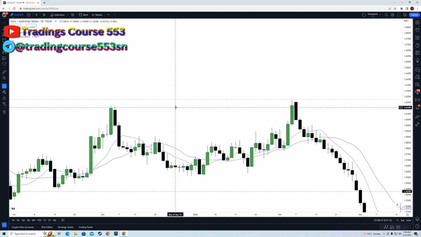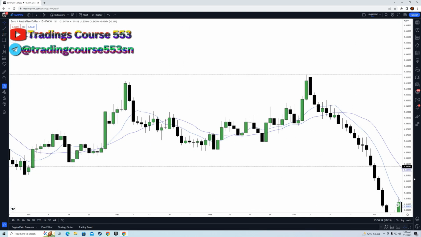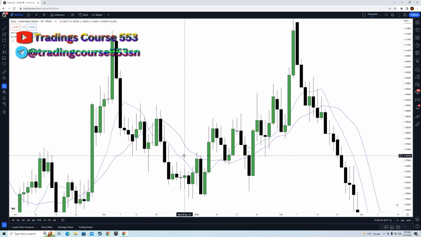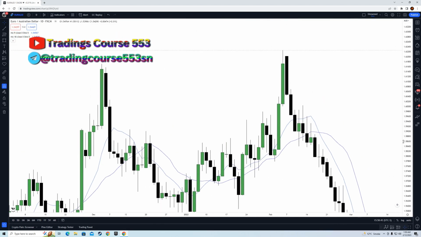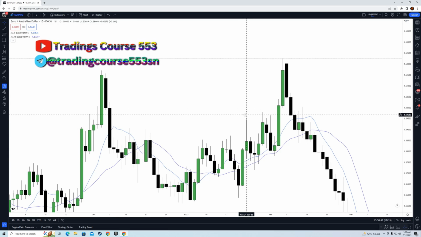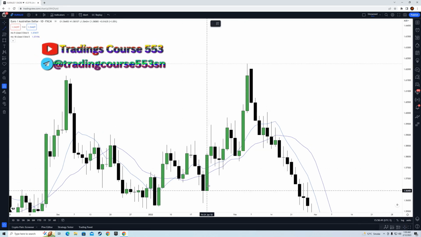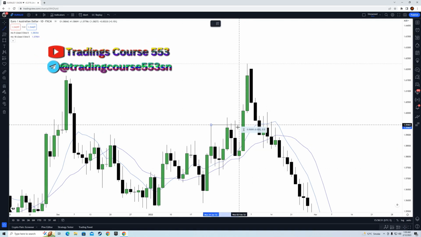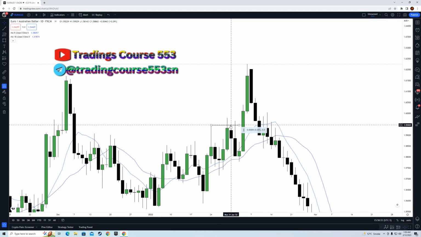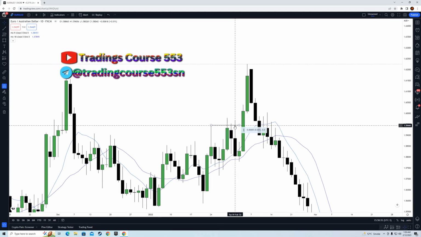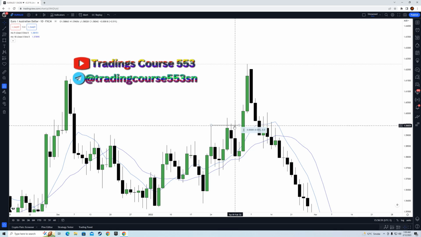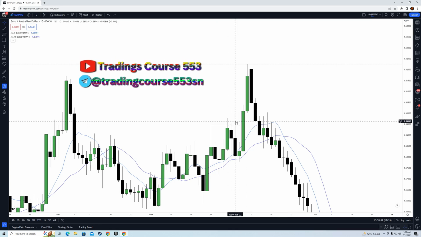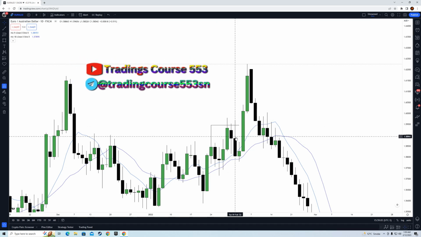So there's another trick that you can use, and that trick is by me actually. You look for ABC patterns. So this right here, you see ABC. When you have a sweep, you wait for price to close back, and then when price comes back to retest this line, your bias could be bearish.